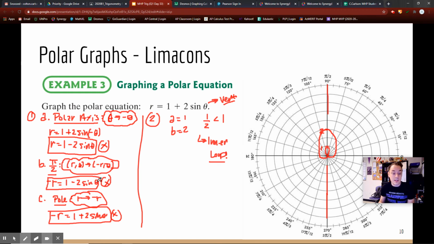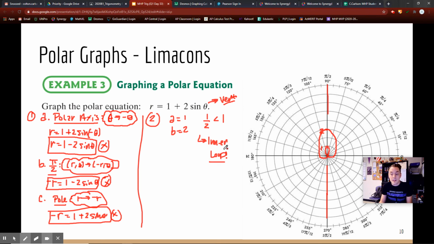In this case, even though we tested it and it failed, it still is symmetrical. So that tells me it could or could not be symmetrical to all of these symmetries. So that is the symmetry applied, and also graphing, and also dealing with whether it has a loop or not.